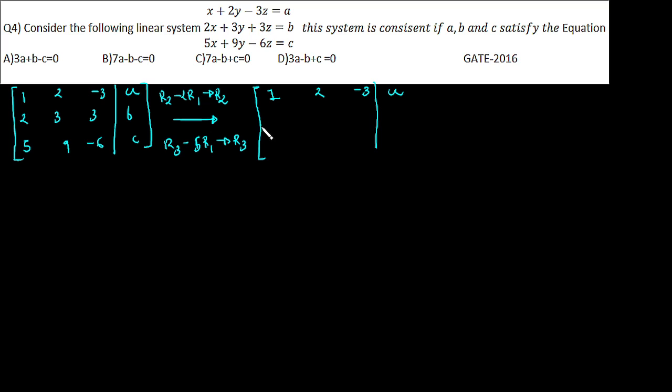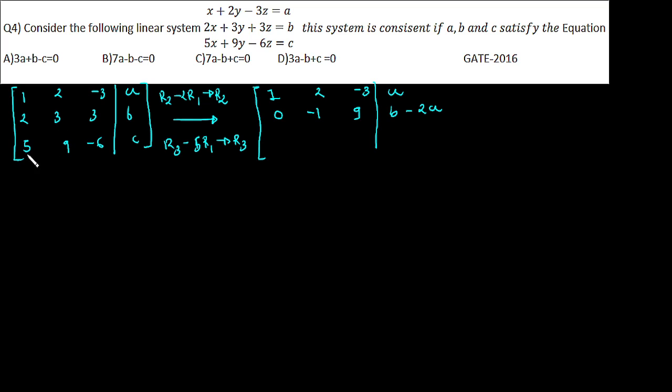Here we have A. In the second row we have 2 and we are getting minus 2 from this element, so we are getting simply 0. Here 3 and we are getting minus 4, so minus 1. Here 3 and we are getting plus 6, so plus 6 plus 3 we are getting 9, and here we are getting B minus 2A.